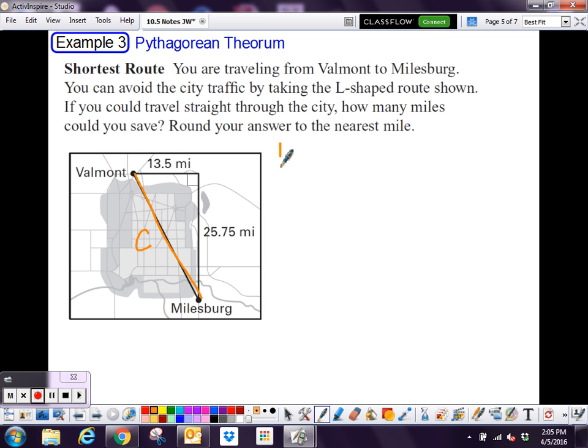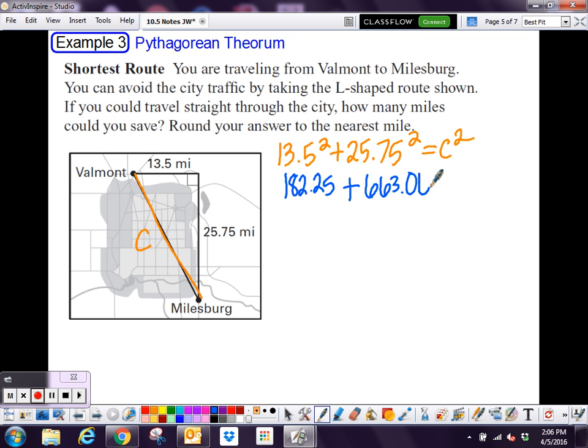All right, so I've got 13.5 squared plus 25.75 squared equals C squared. 13.5 squared is 182.25 plus 25.75 squared is 663.06, I'm just going to round that, and that's equal to C squared.